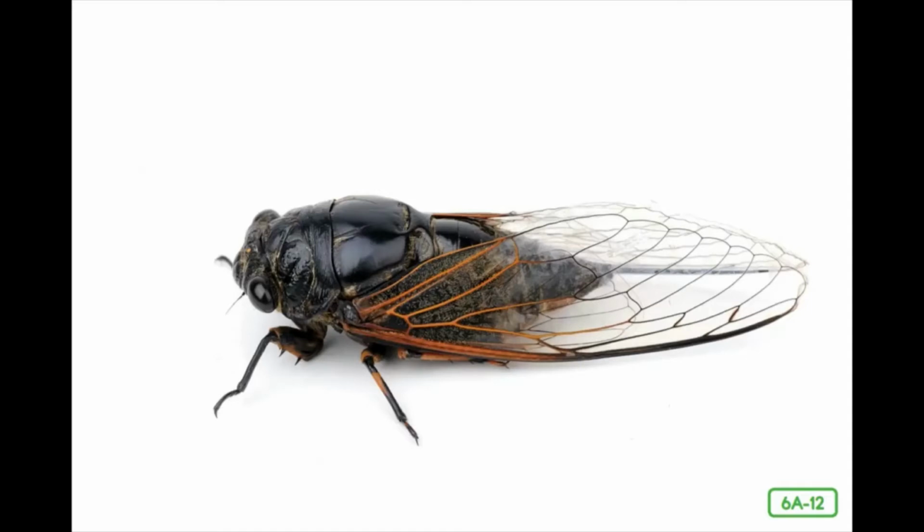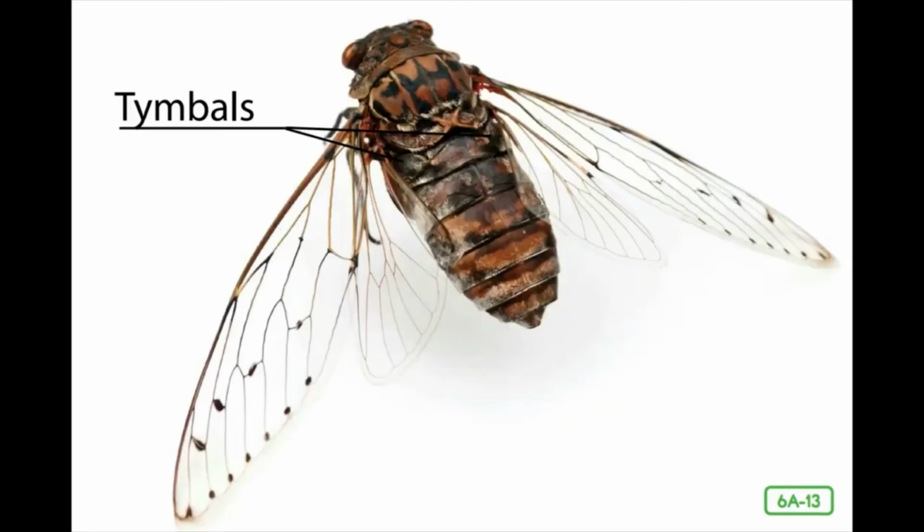Cicadas are related to aphids, leafhoppers, and spittlebugs. Unlike grasshoppers and crickets, many cicadas have strong wings and are fast flyers. Male cicadas produce incredibly loud songs, but they do not use their legs and wings to make those sounds. Look closely at the abdomen of a cicada.